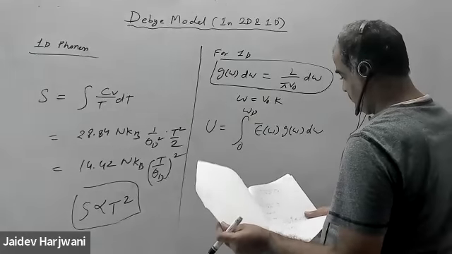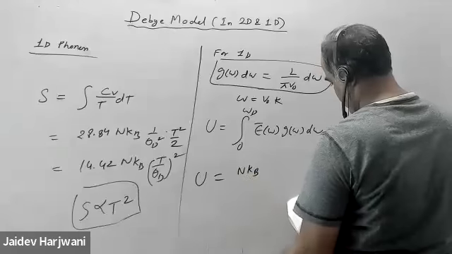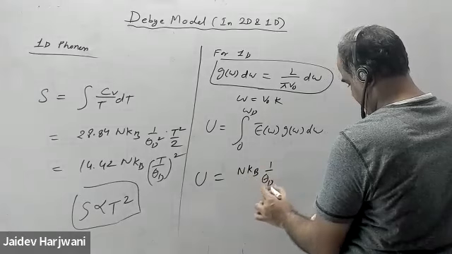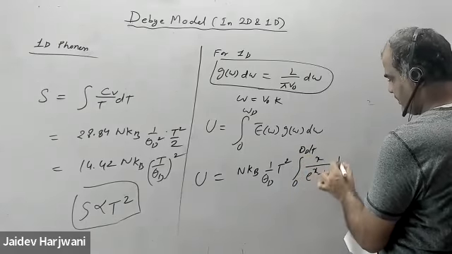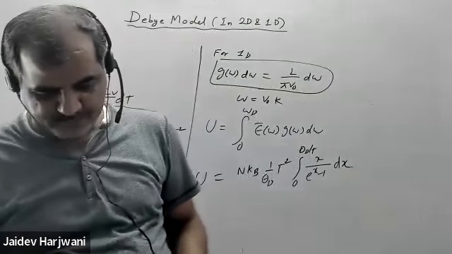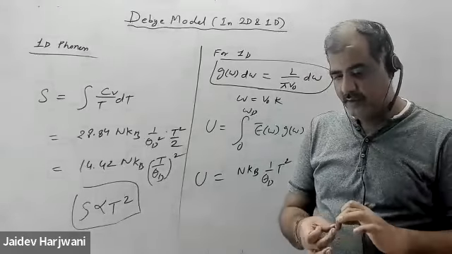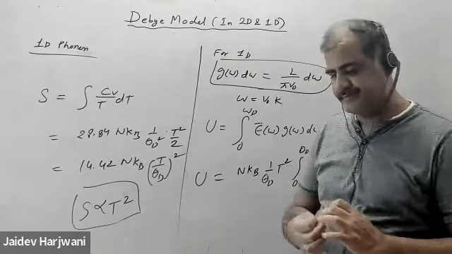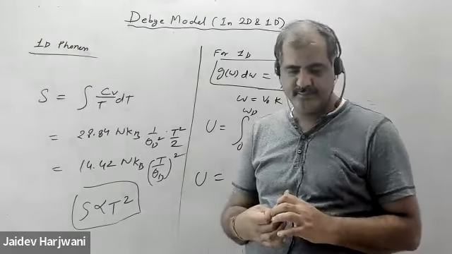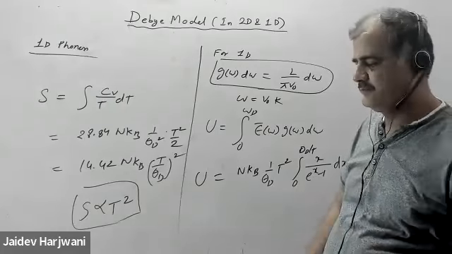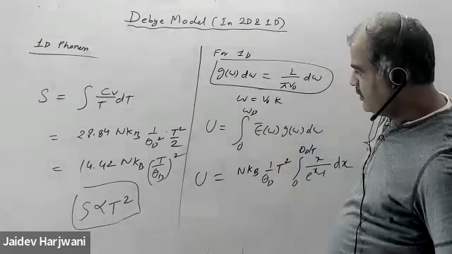E will come nkB, 1 upon theta D, T square, integral 0 to theta D upon T, x upon e^x minus 1 dx. ये आना चाहिए. ये आ रहा है सर. बाकी लोगों का भी. कंचन और ध्रुवी, बताओगे तभी आगे चलेंगे. सर सॉल्व कर रही हूँ. जिन्होंने कर लिया है वो आगे चलें.